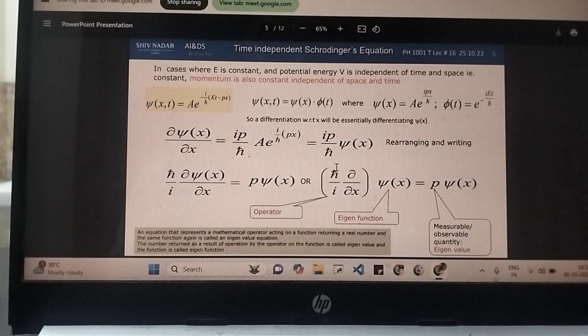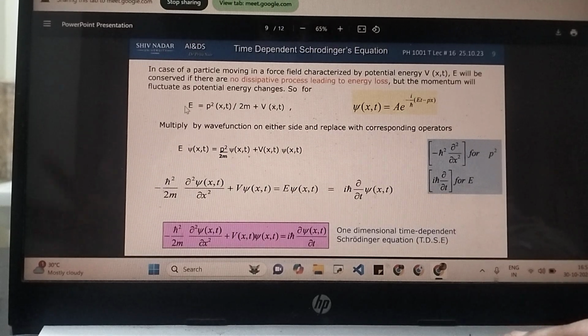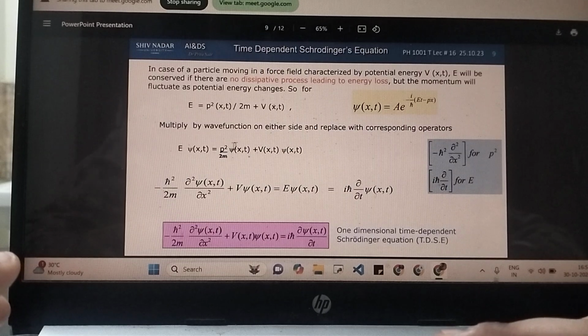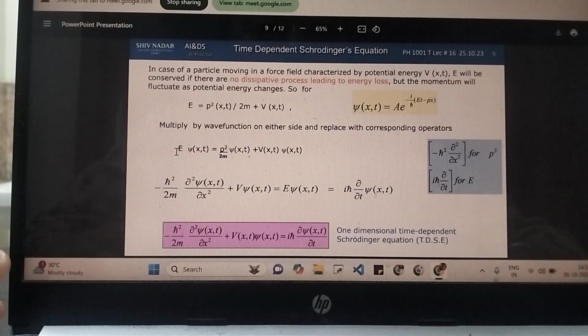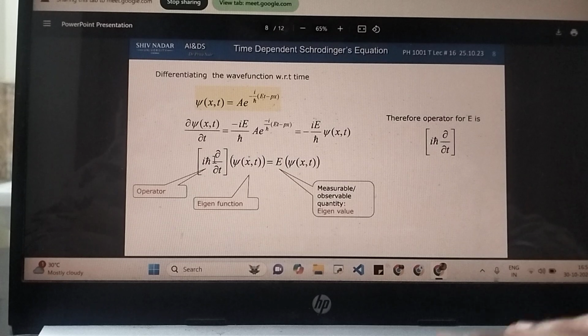So just to give a quick recap of what happened, we had this equation for energy in terms of p and V. We multiplied both the left and right hand sides with the wave function psi of x comma t, and then wherever we had an expression which could be replaced by an operator, we did the replacement.